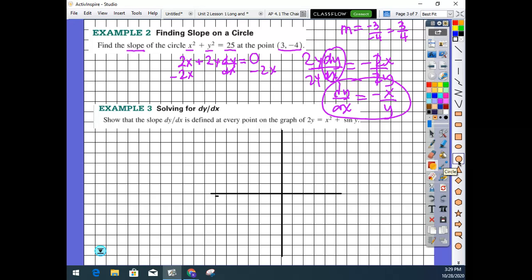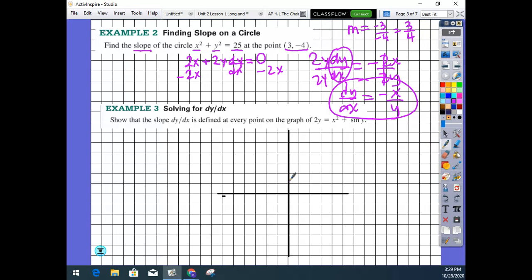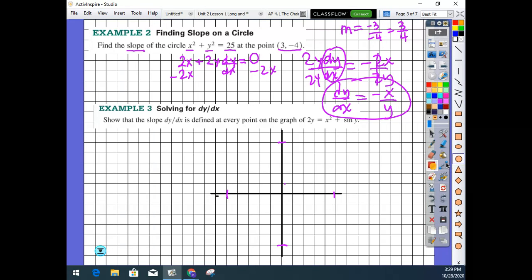So if x squared plus y squared equals 25, what that means is my radius is 5. All right, let's see if we can draw a circle.